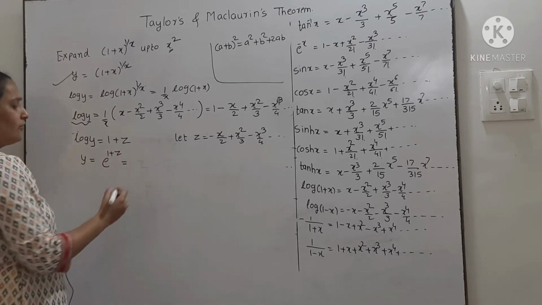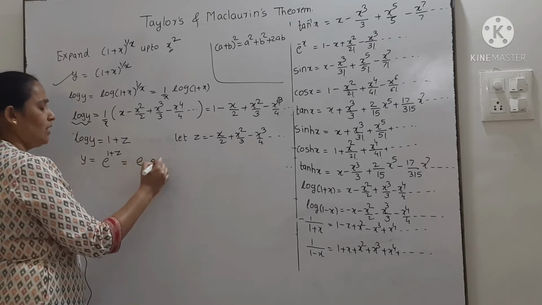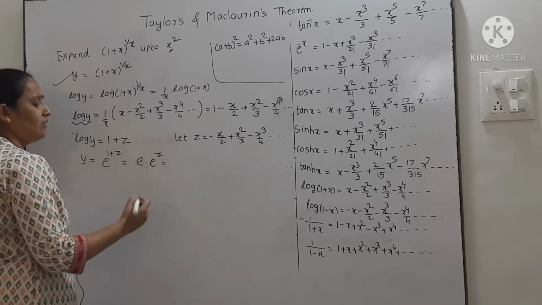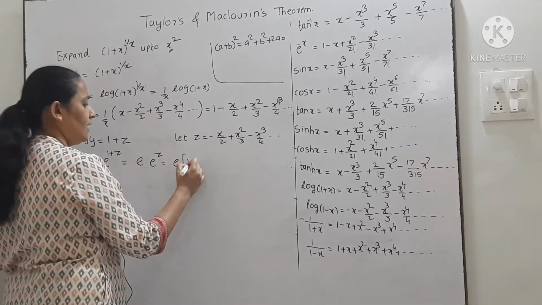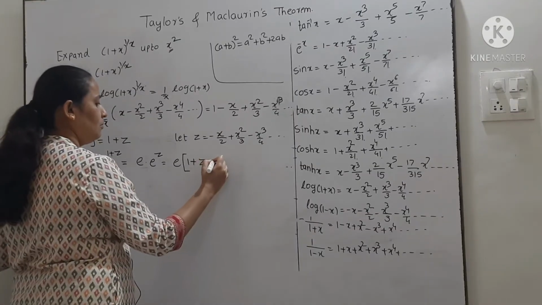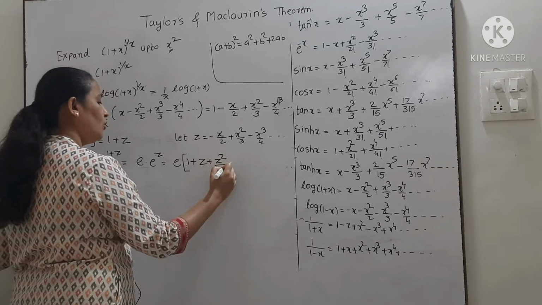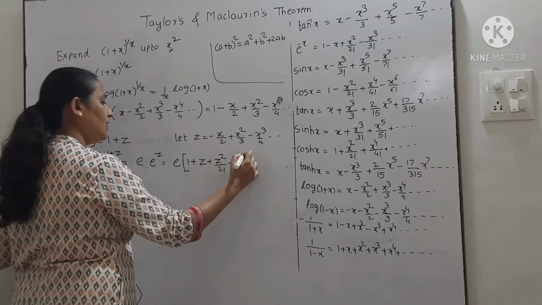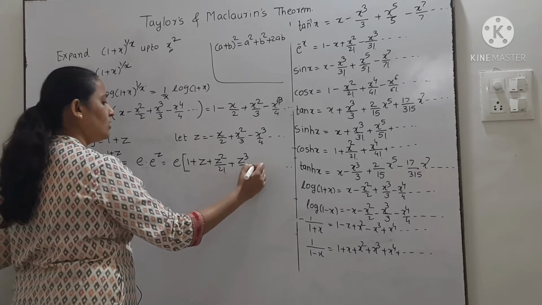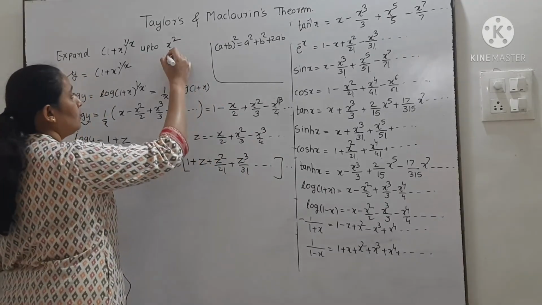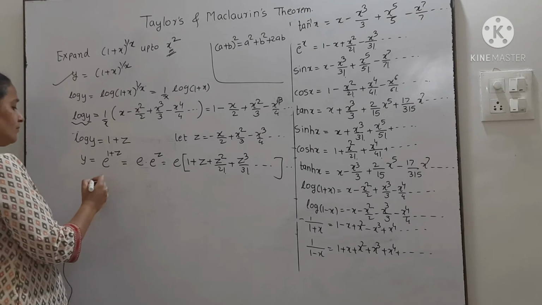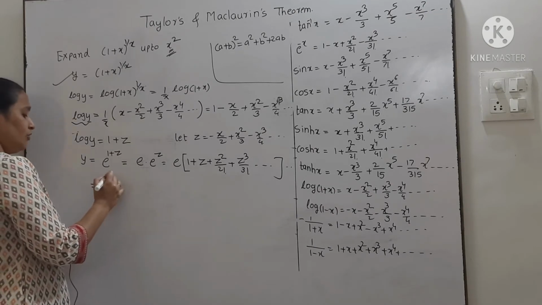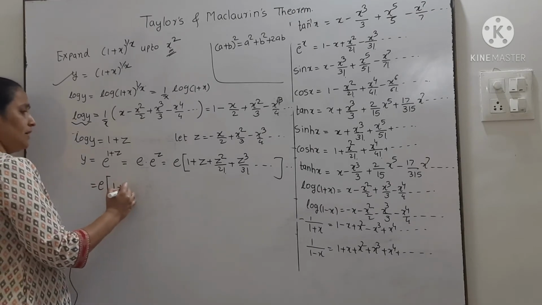If we use laws of indices, this is e into e raised to z. We know the expansion of e raised to z, that is 1 plus z square upon 2 factorial plus z cube upon 3 factorial, and so on. Here we want terms up to x square, so you should write up to the square term only. Now in this we'll substitute the value of z, that is 1 plus, what is z?